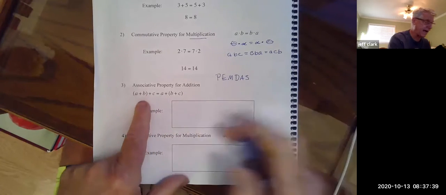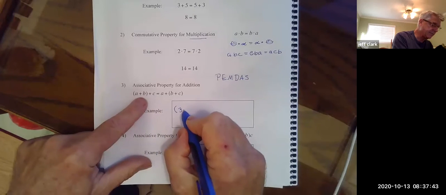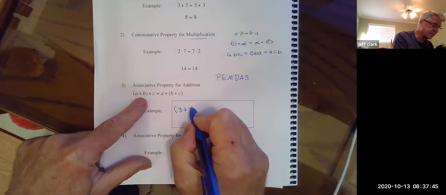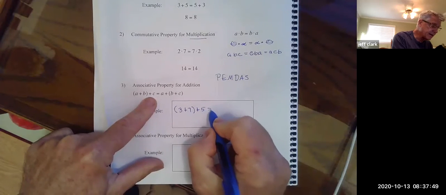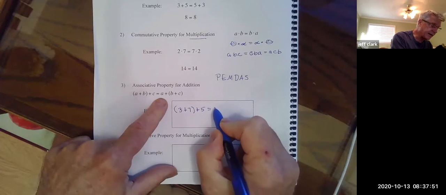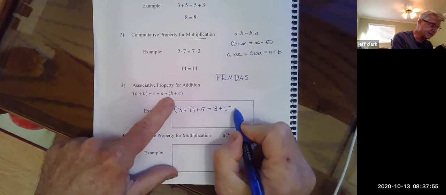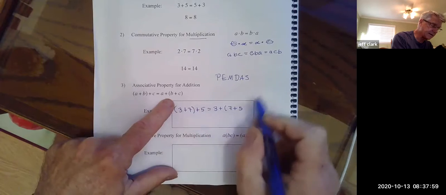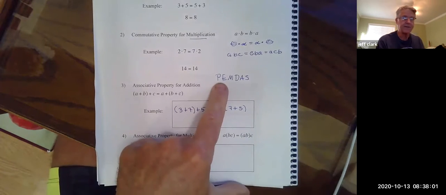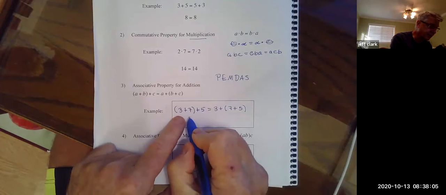So when I have an example, for instance, I'll let maybe A be 3, B be 7, and then C be 5. And over here, I put the 3 down again, and then I have the 7, B with 7, and then this is 5. If on the left-hand side I do PEMDAS here, that means I do the 3 plus 7, parentheses.